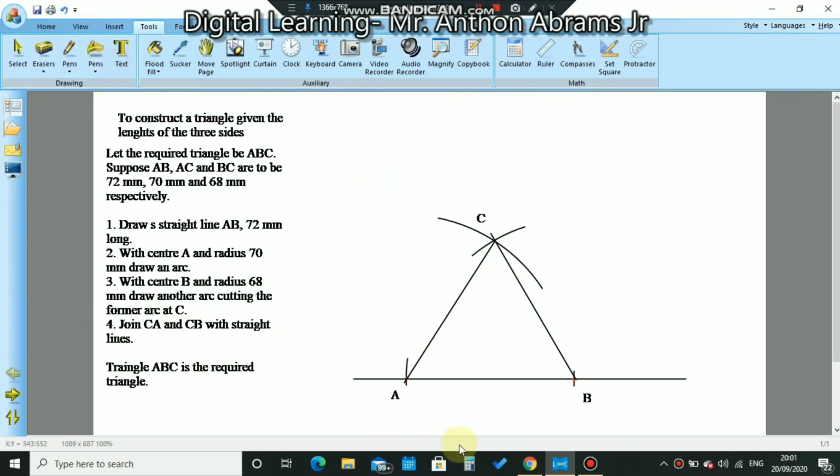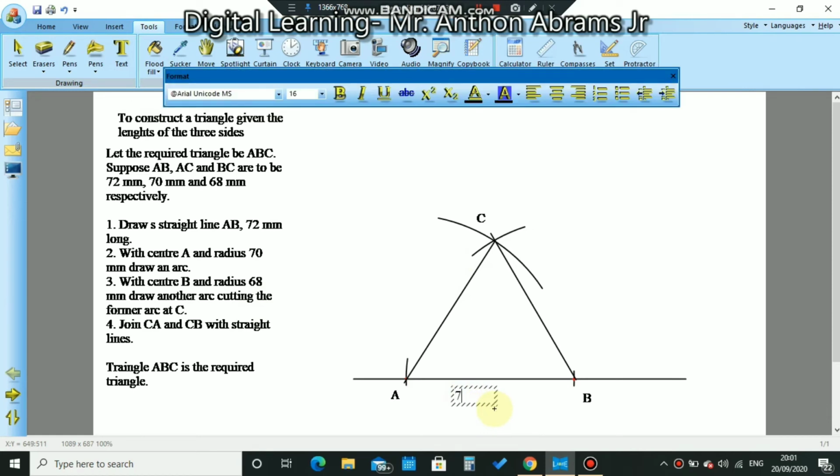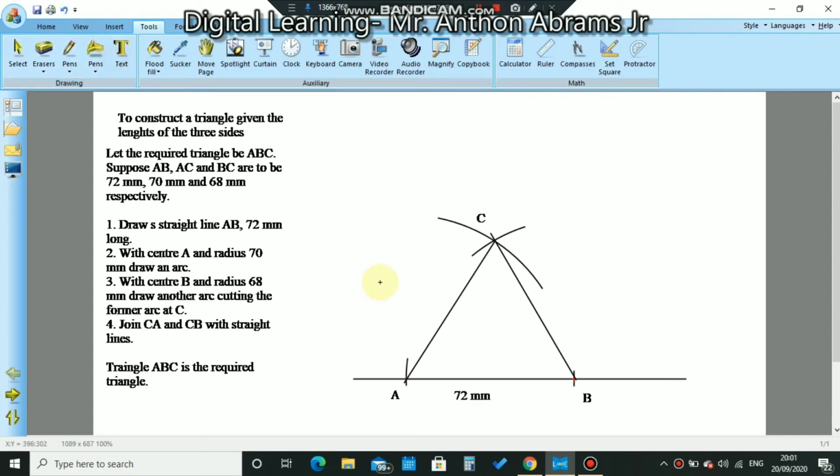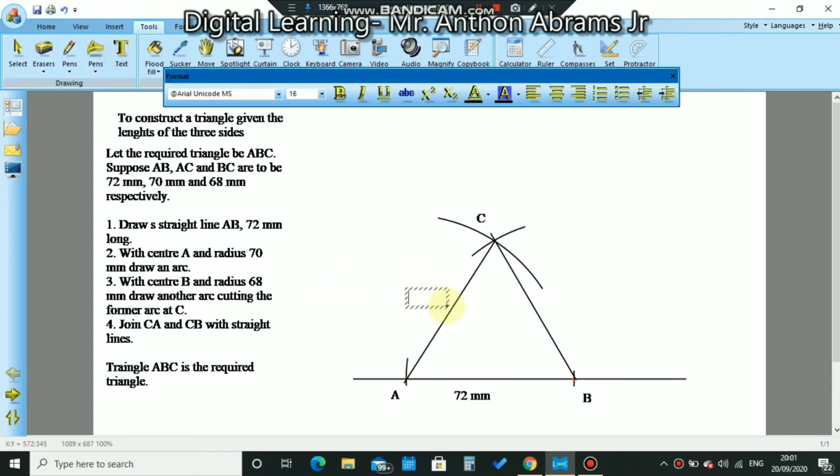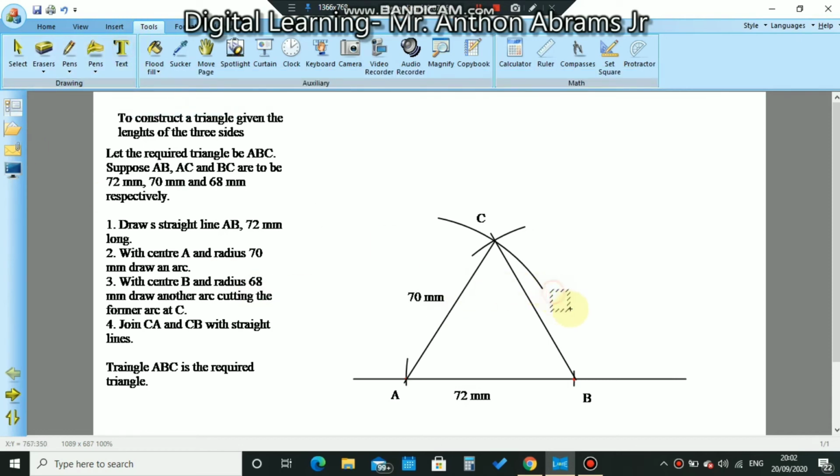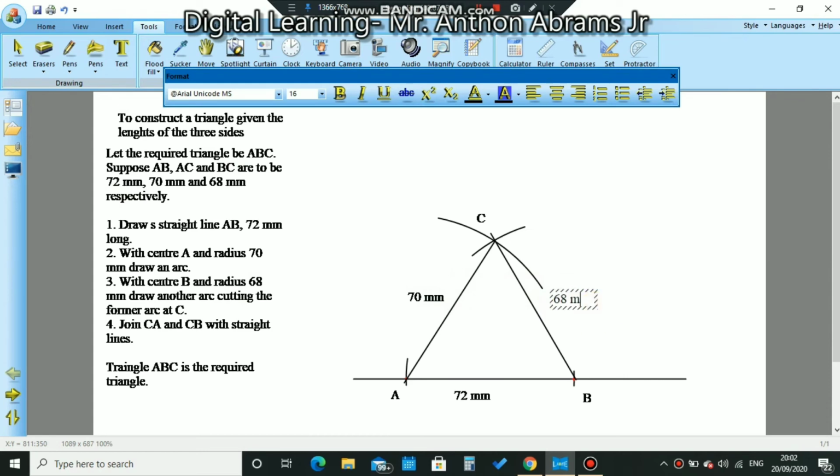We're just gonna put the information down here. AB is 72 mm, and AC is 70 mm. So AC is over here, 70 mm, and CB is 68 mm.